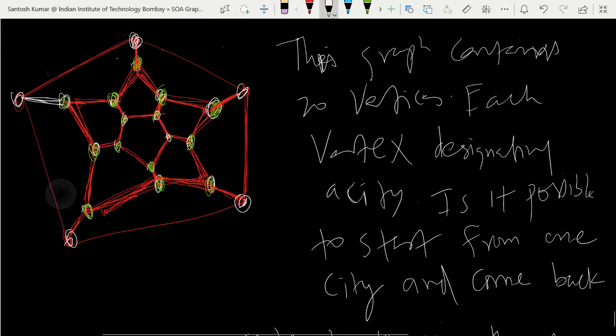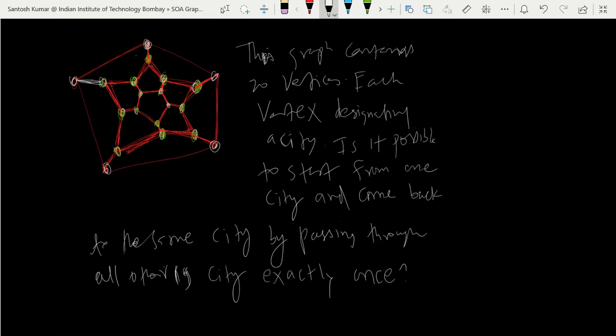So the question is clear. Look, this is the graph. You can understand this as a map for any one country or any one state, and there are 20 vertices. Each vertex is a city. We want to start from one vertex and come back to the same vertex by visiting all the cities, but will not go to one city twice.